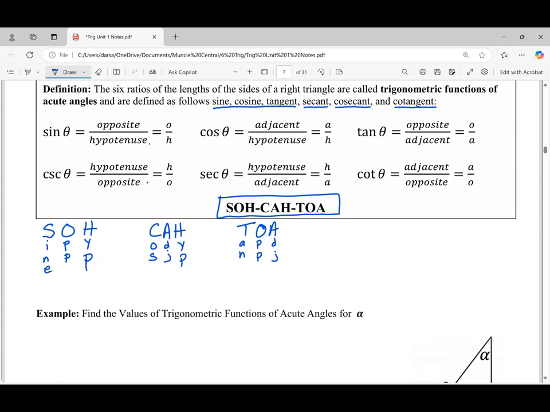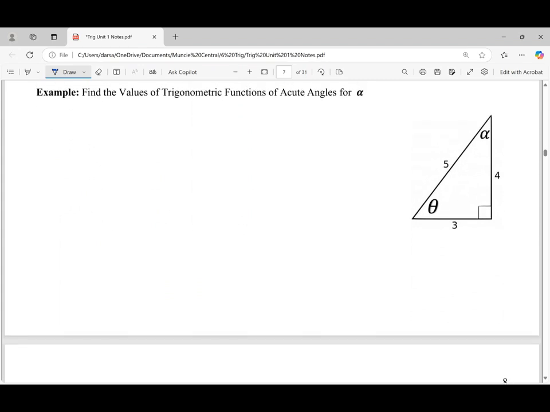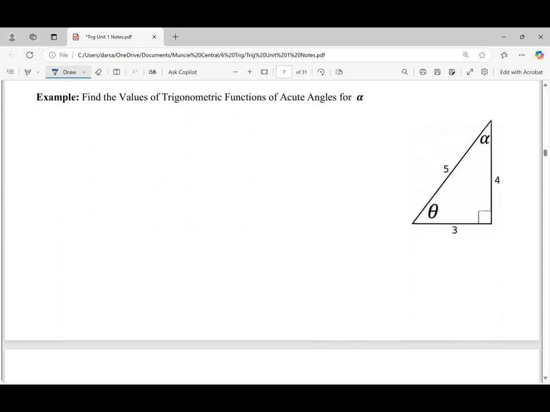All right, let's do a couple of these, and I think you'll get the hang of what we're trying to do here. So, first of all, notice that we have a different triangle here, and we have two different Greek letters. This is Greek letter alpha, and this is Greek letter theta. And our problem is telling us to find the 6 trigonometric functions for angle alpha. So we're focusing on this angle right here.